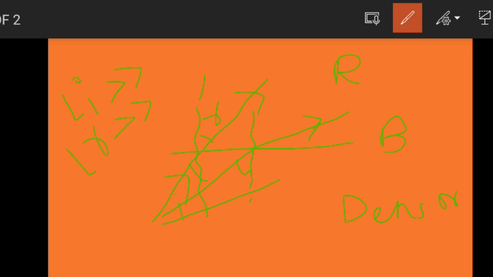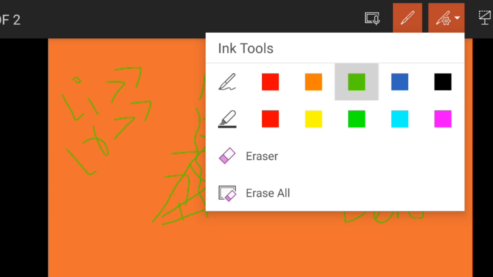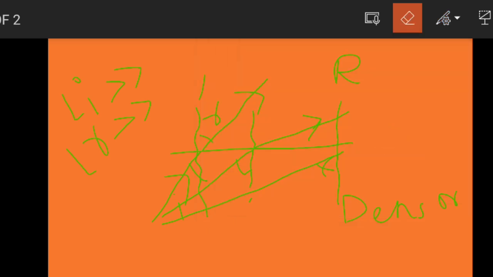Now, at one particular angle of incidence, the refracted ray grazes the boundary. I will show. This is the boundary and the normal.